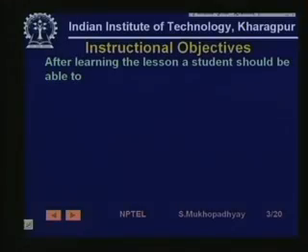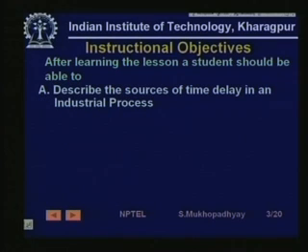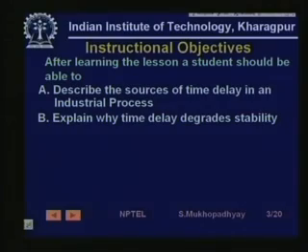As is our practice, we will first look at the instructional objectives for this lesson. First of all, we need to understand how time delays arise in industrial processes, and then understand the effect of this delay, and why it generally degrades stability and creates problems.